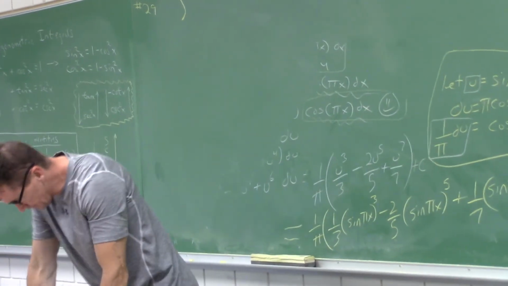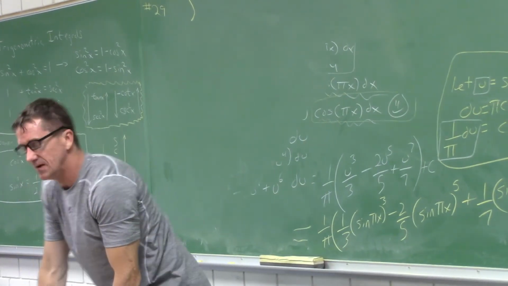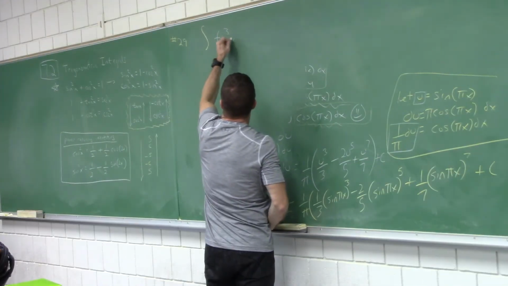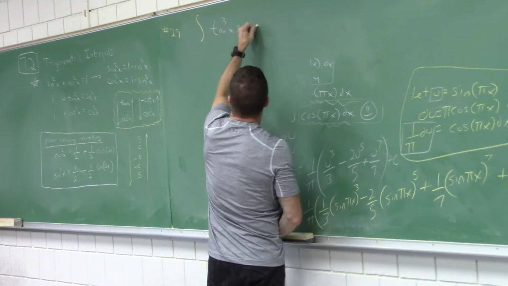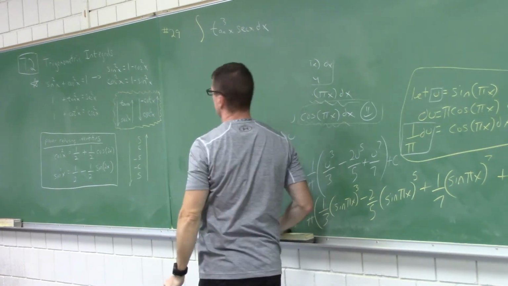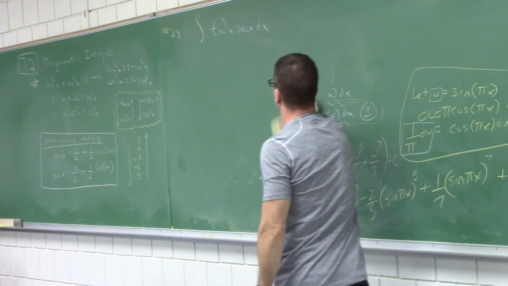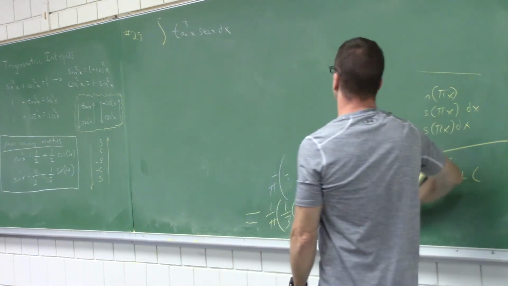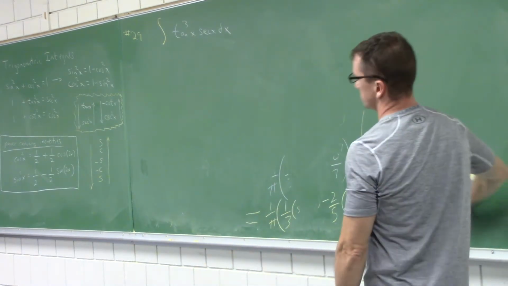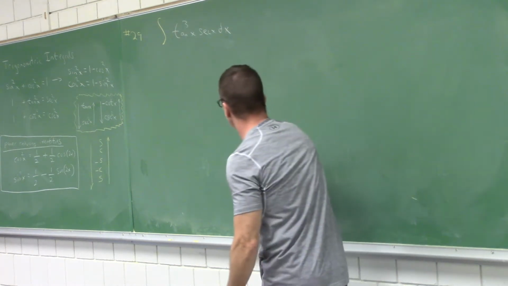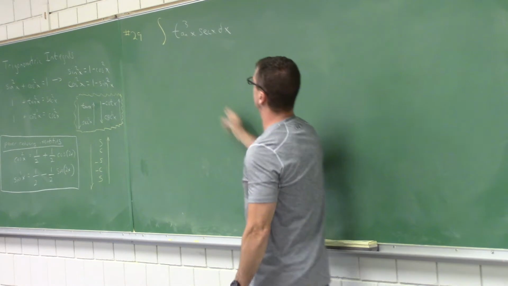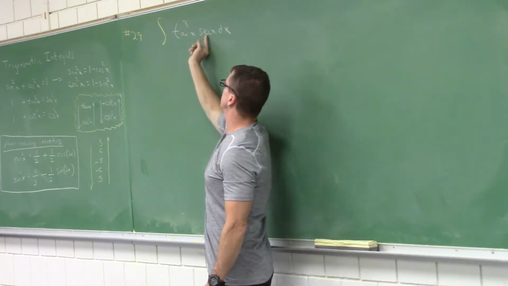They write the integral of tan cubed of x times secant of x dx. We're taking the integral of tan of x cubed secant of x.